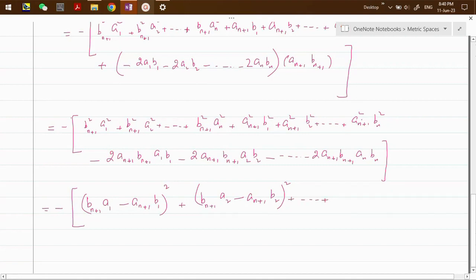We have this one, this term, this term, and this one. These three make up a complete square, and then we have bn plus 1 an minus an plus 1 into bn whole square.